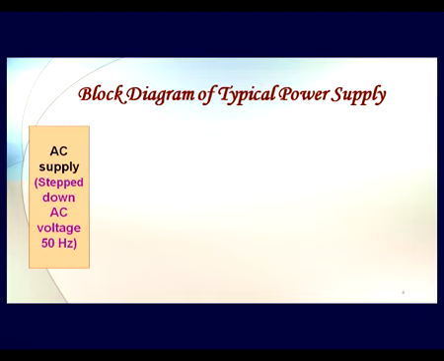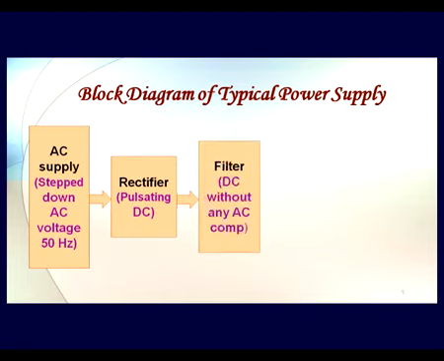Reduce that voltage using a step down circuit, then subject it to a rectifier. That rectifier will essentially convert that AC into what is called pulsating DC. There will be a DC component in the output of a rectifier, but along with certain pulses in the form of an AC component.